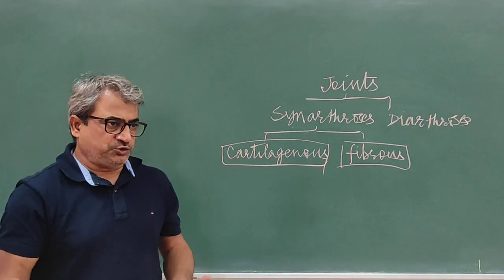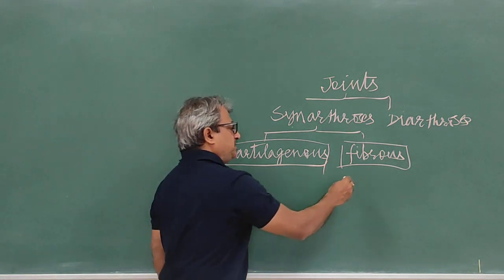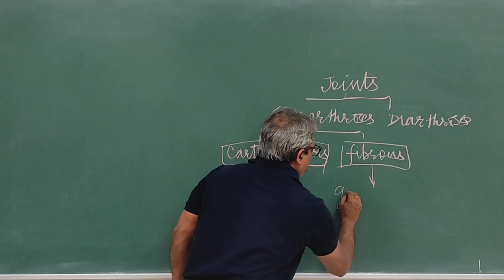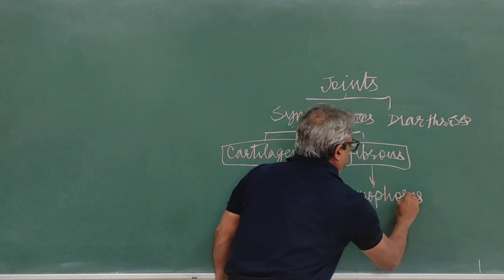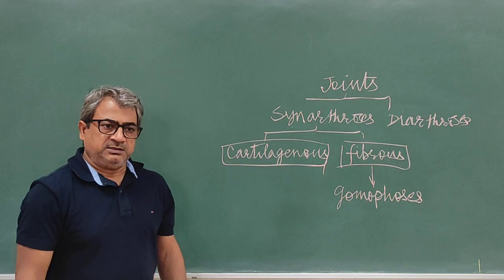So fibrous joint, further if we classify them, they are further having three important types. These are unique ones which are seen only on the teeth.